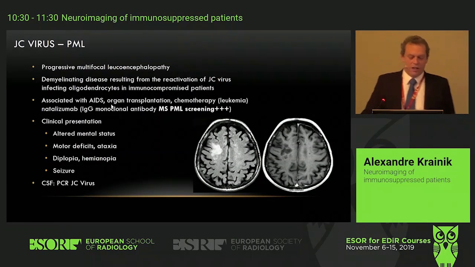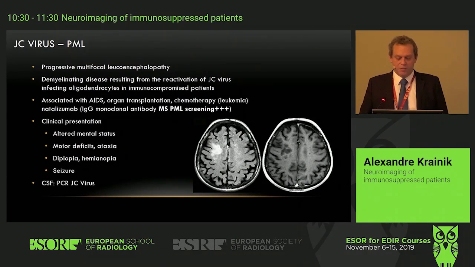A more difficult, more aggressive disease is progressive multifocal leukoencephalopathy, called PML. It's due to JC virus, and it's a demyelination which is rather focal, in this example. It occurs in patients having HIV, but not only.